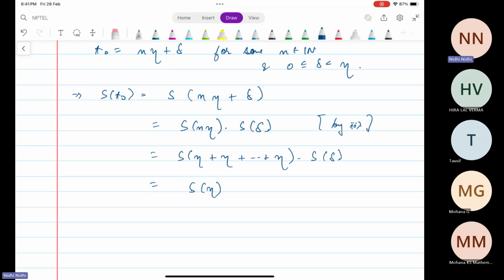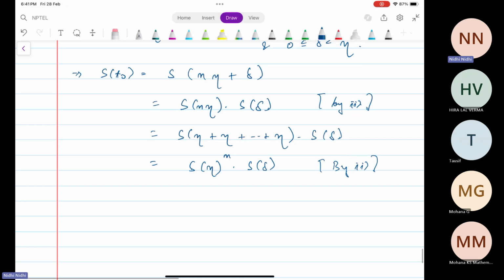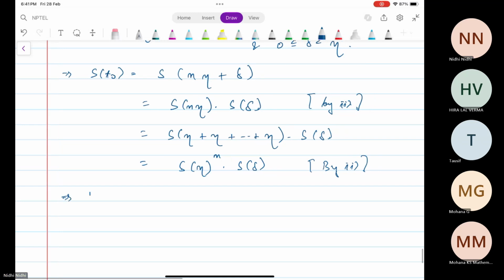This is S eta to the power n times S delta, again by property 2. So this implies norm S T naught is less than or equal to norm S eta to the power n times norm S delta.